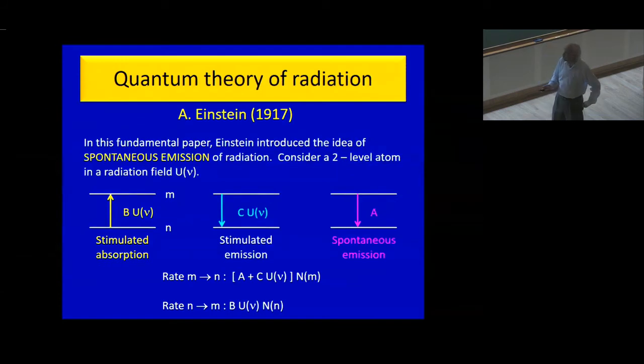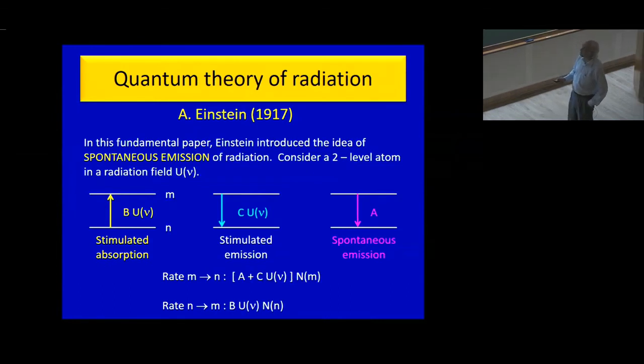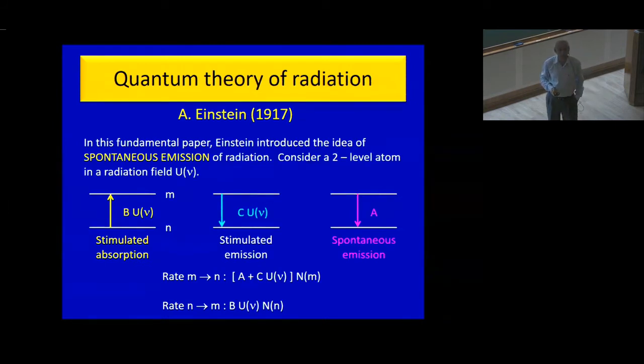But what he introduced in this paper was this important concept of spontaneous emission. He argued that an atom will jump from the level M to N even if it is not tickled or prompted by an external radiation field. Why would it jump?